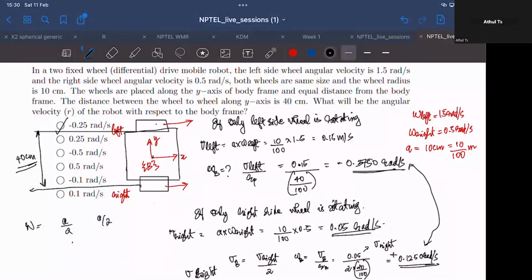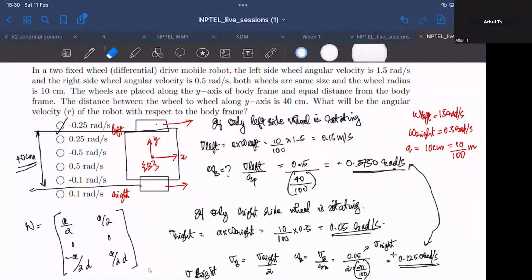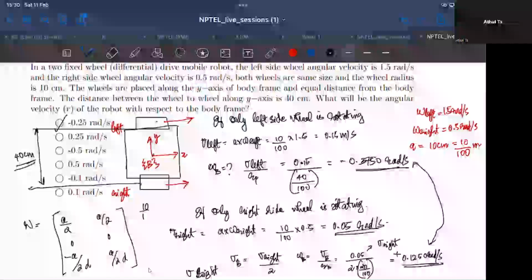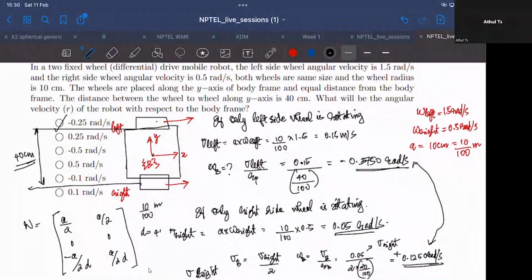Where, as per the convention, A would be the wheel radius, and D would be the wheel to wheel distance. If we plug in these values, A is 10 by 100 meters, and D is 40 by 100 meters.